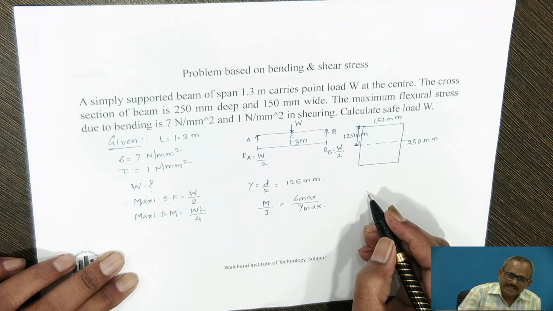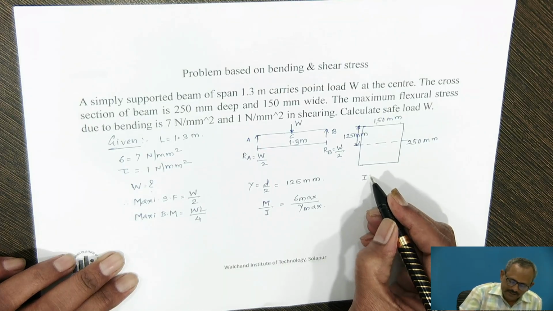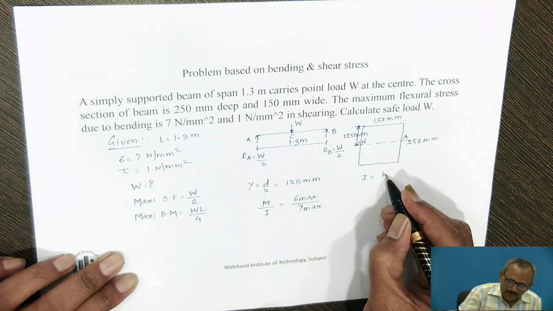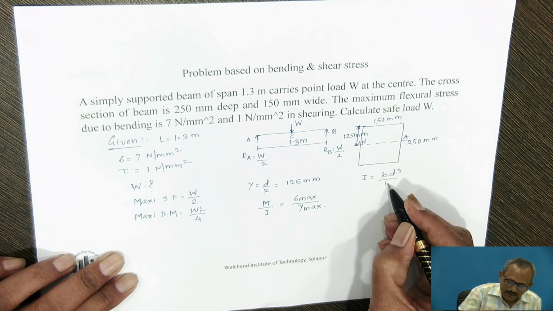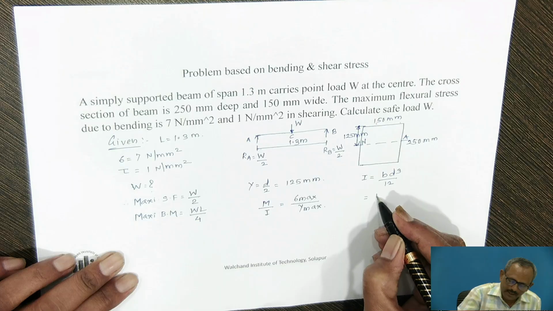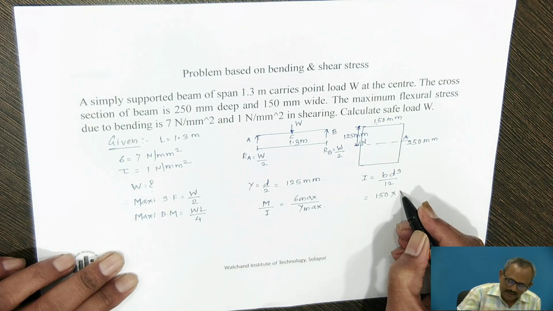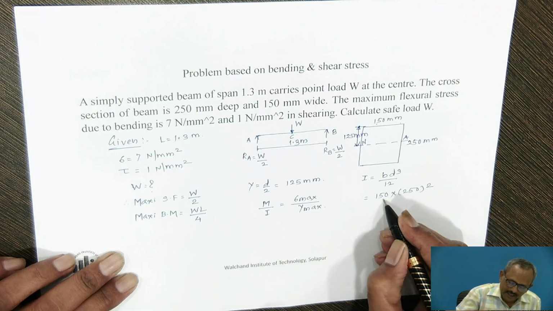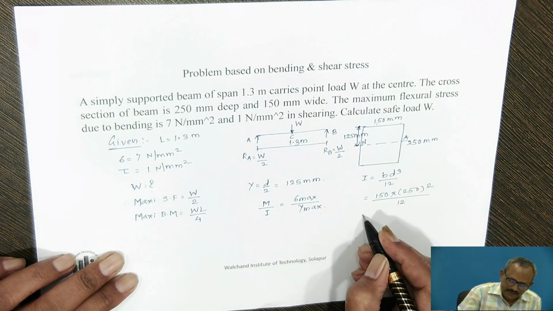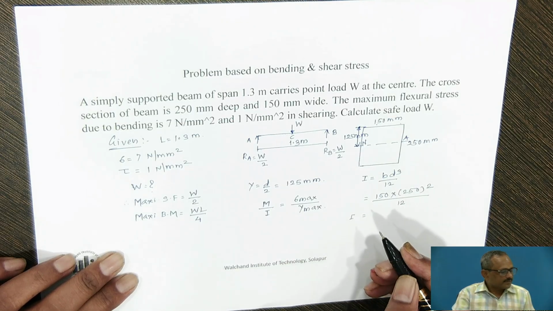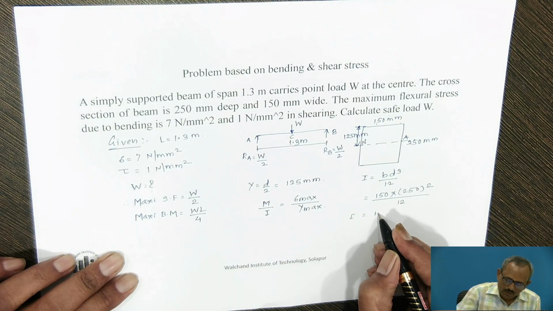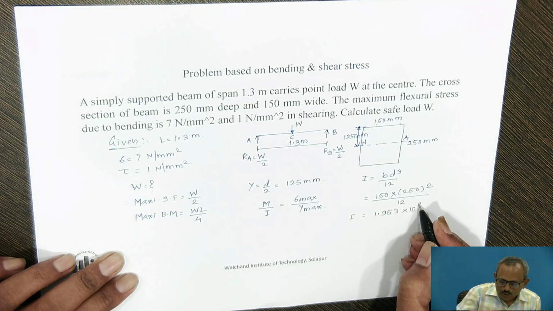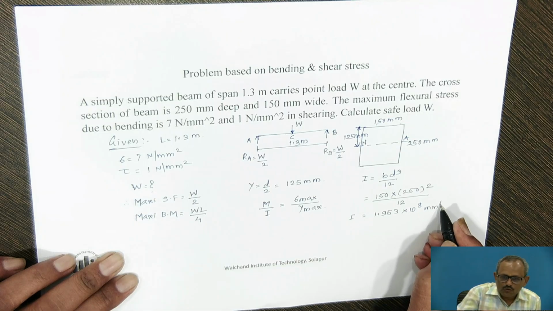For a rectangle section, the moment of inertia about the neutral axis is given by BD cube by 12. Putting the values of B and D, the moment of inertia is 1.953 into 10 raised to 8 mm raised to 4.